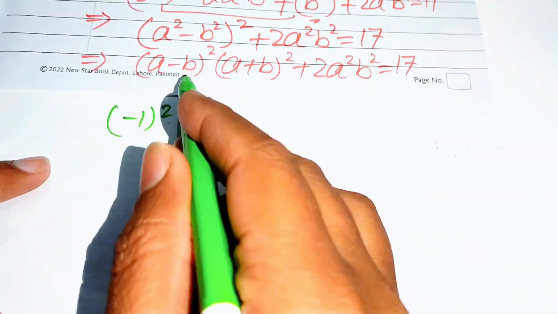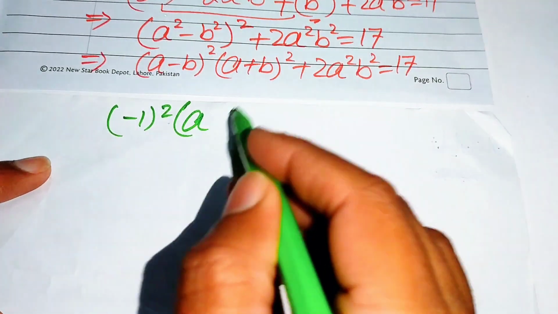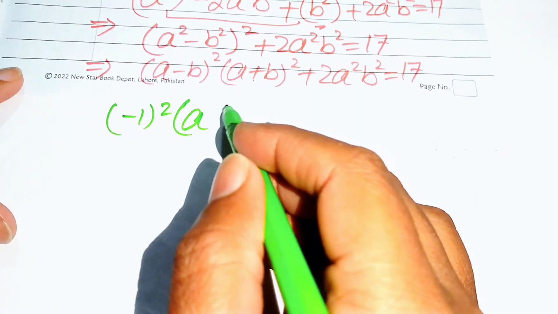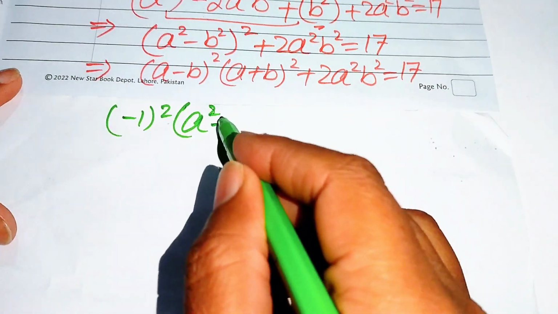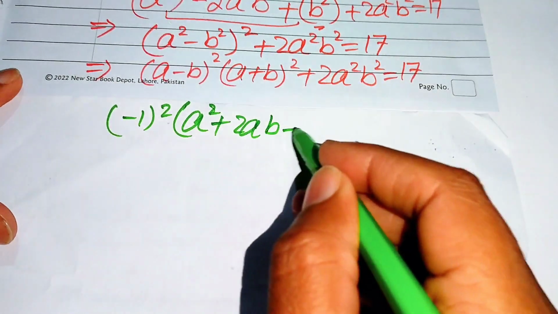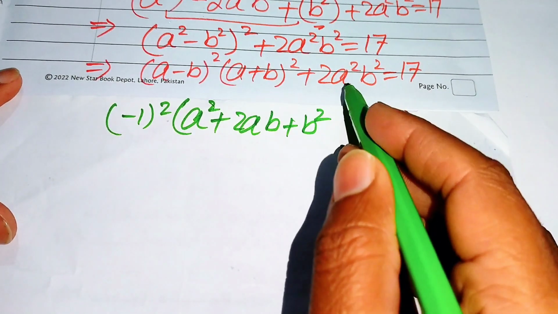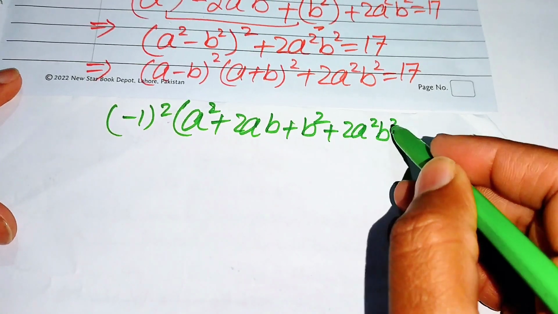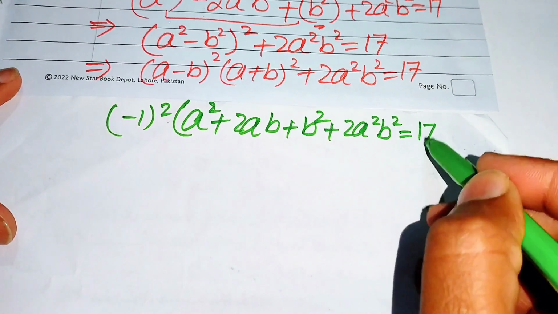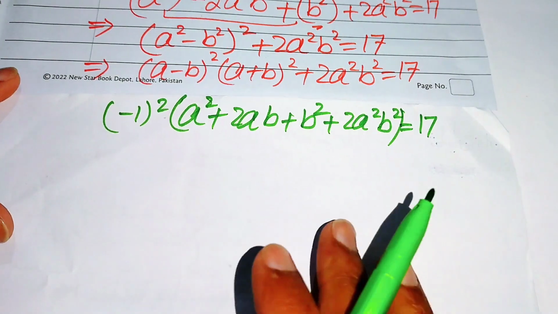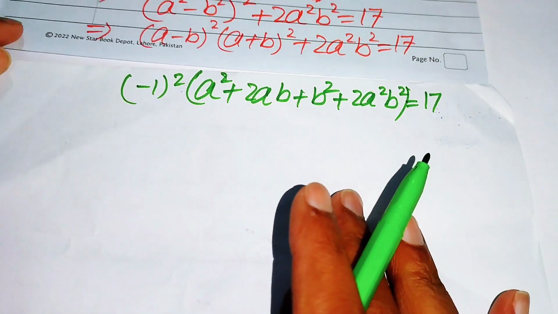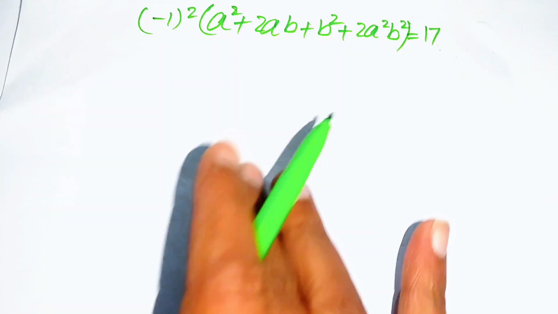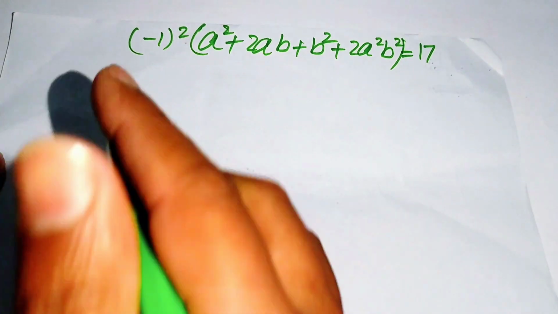It becomes (minus 1)² times, and here we open this square again and write it as a² plus 2ab plus b², plus 2a²b² equals 17. Here we see that (minus 1)² equals plus 1.